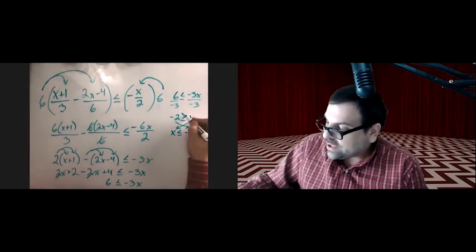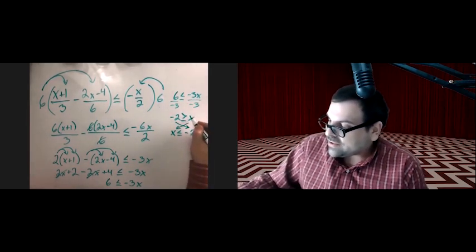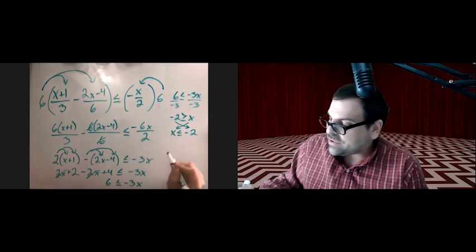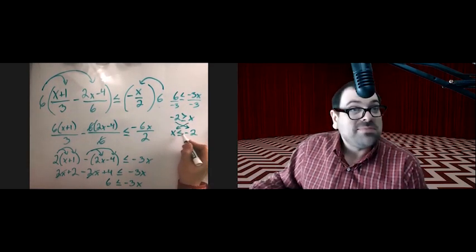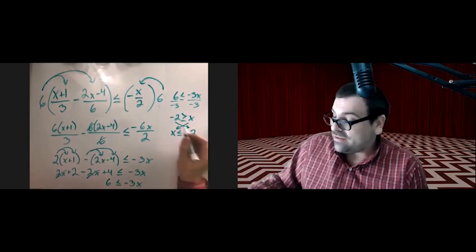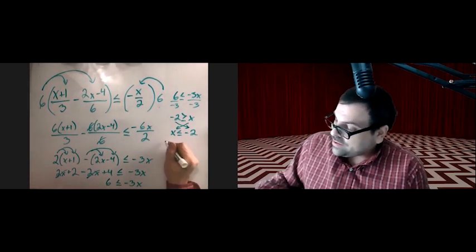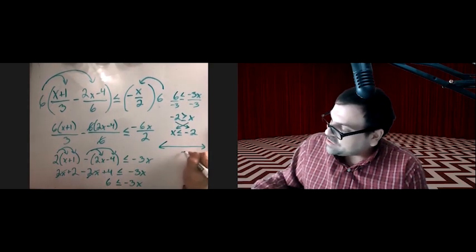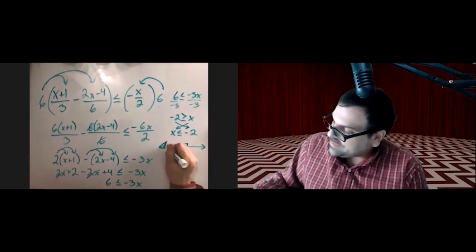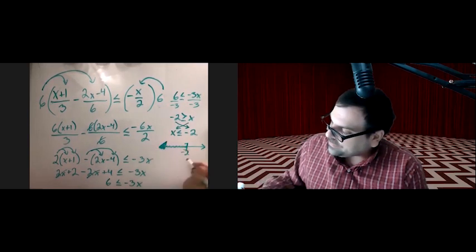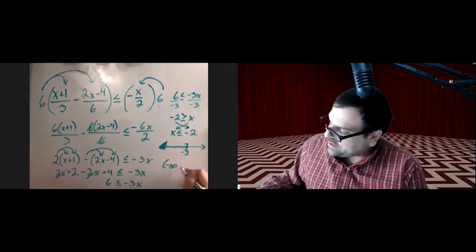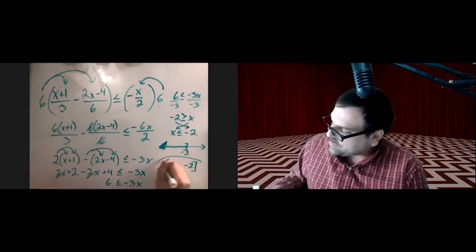And then the little point stays with the x. Pac-Man's mouth opens towards the negative 2. So on a number line, this would actually be to the left. Negative infinity to negative 2 with a square bracket.